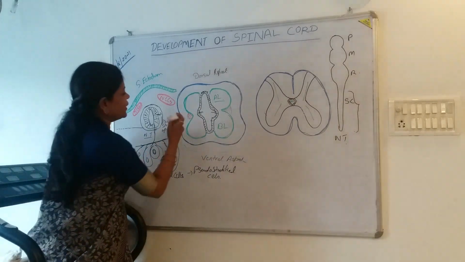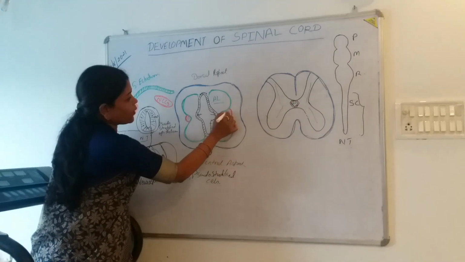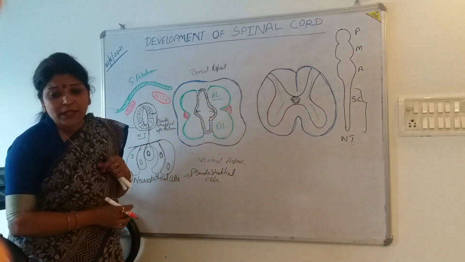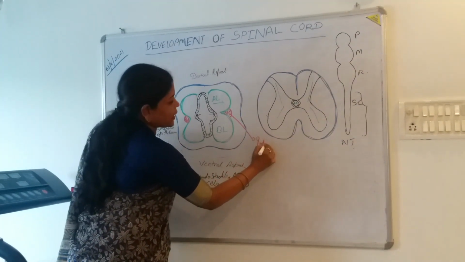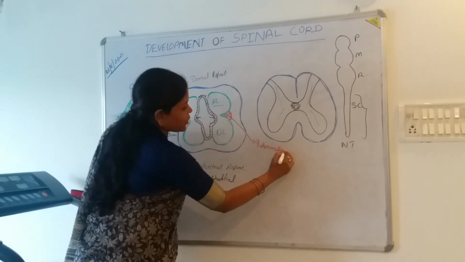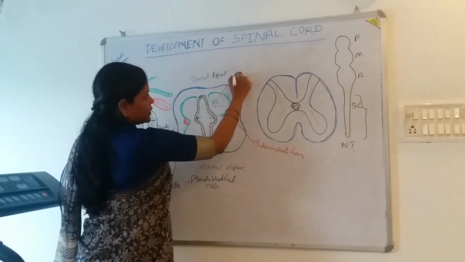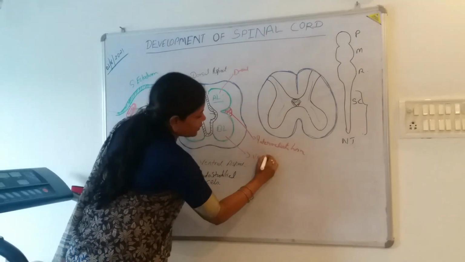It is the lateral horn, or you can say the intermediate horn, on either side. This is the intermediate horn here. This is the dorsal horn. This is the ventral horn.